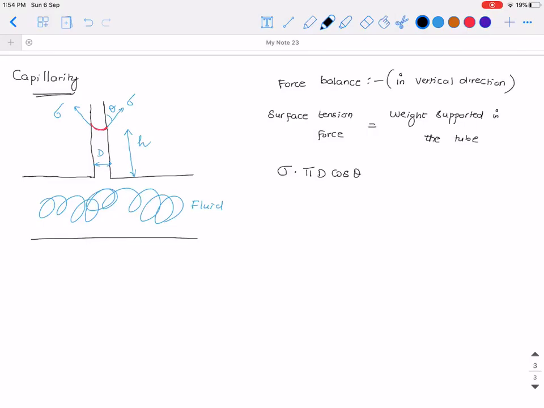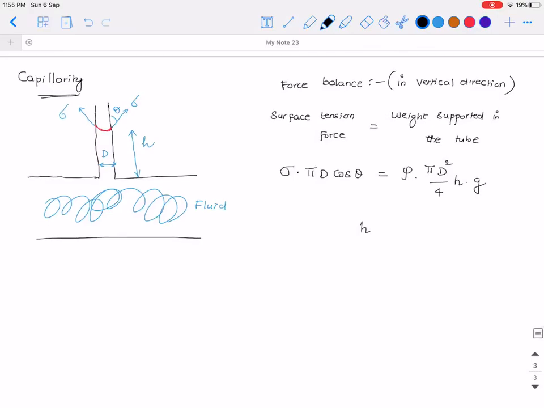That is the net vertical force due to the surface tension. The weight supported would be rho, the density, times pi d square by 4 times h, which is the volume. So density times the volume will give you mass, times g will give you the weight. Okay, from here we can write h to be 4 sigma cosine theta by rho g d.